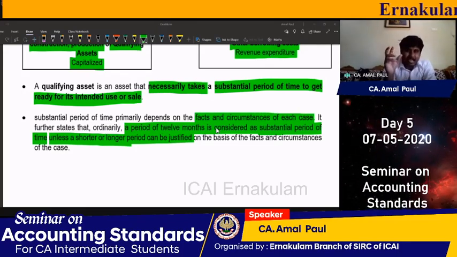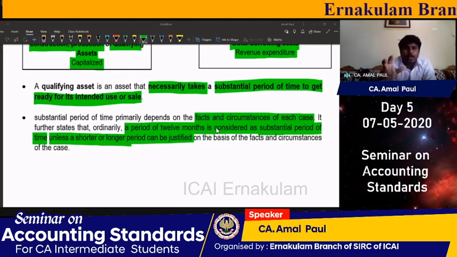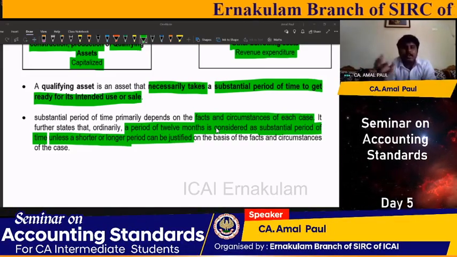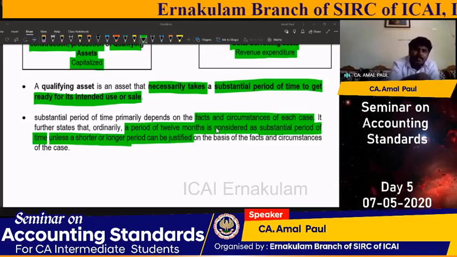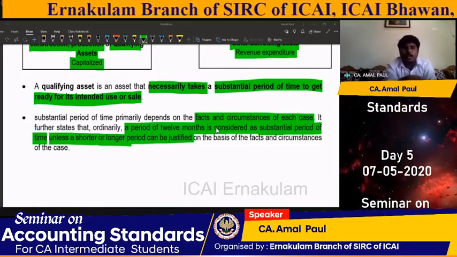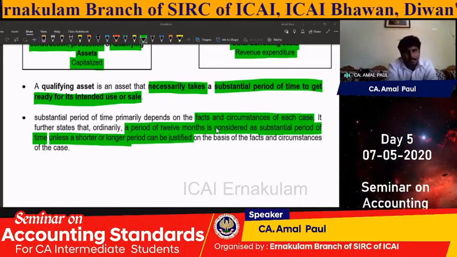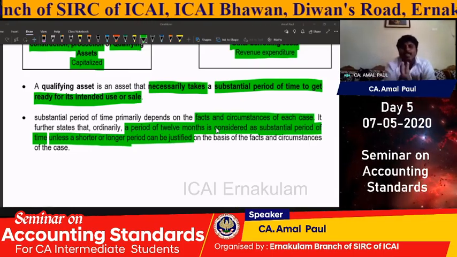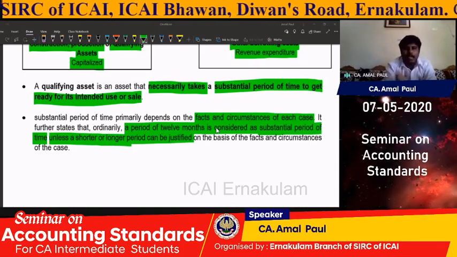So they arranged the borrowing from the available source and constructed this. Considering the facts and circumstances of this case, 1 month or 1.5 months may also be considered substantial. But usually 12 months or more is substantial for all types of entities.